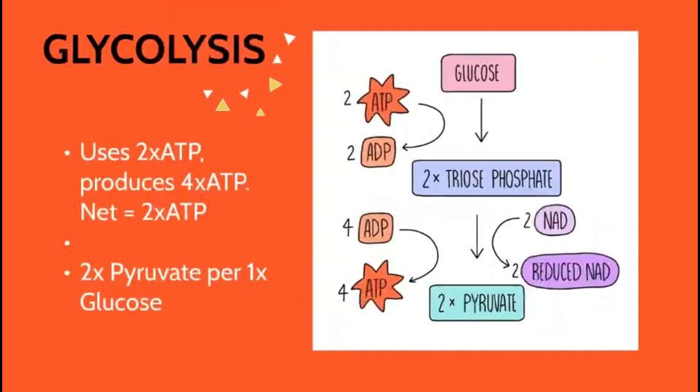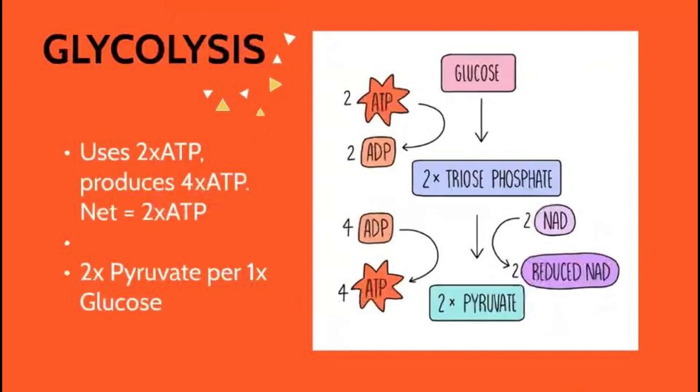We start with glucose, a 6-carbon molecule, and turn it into 2 3-carbon pieces called pyruvate. And this stage is independent of oxygen, so it's happening at all times in your cells. When we go on to learn about anaerobic respiration, that occurs after glycolysis.